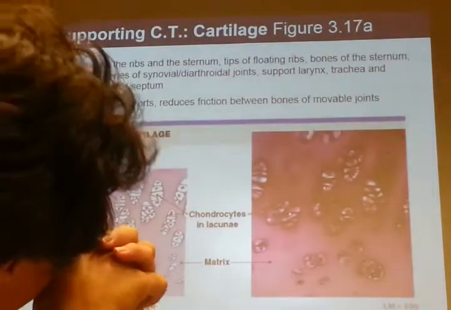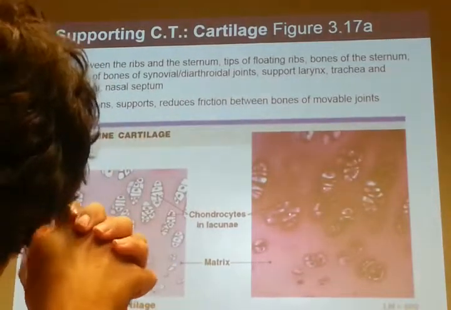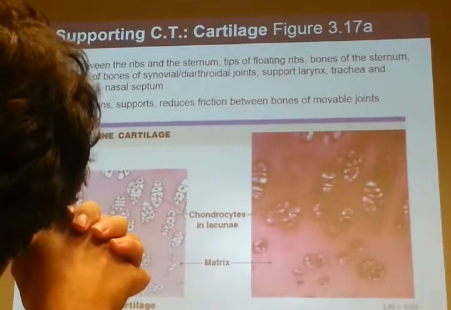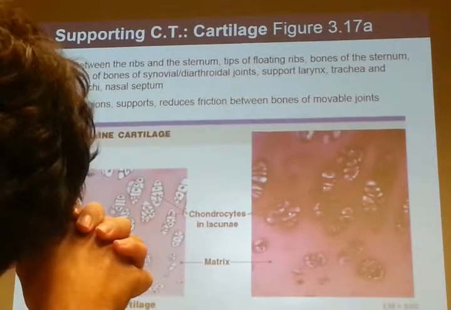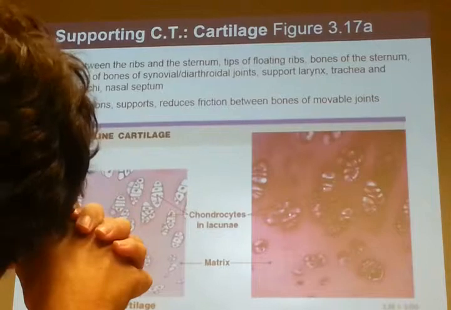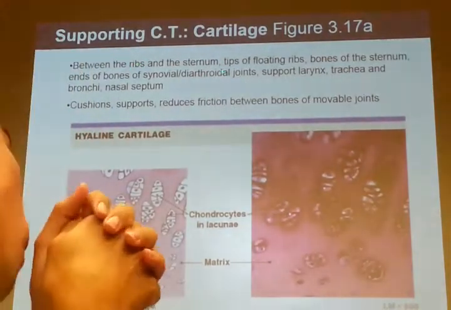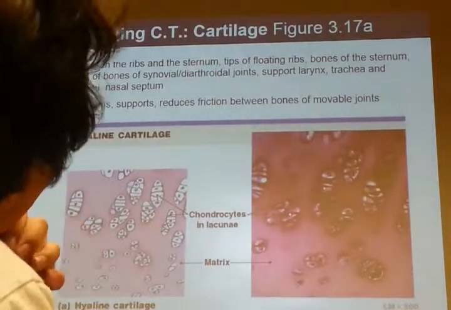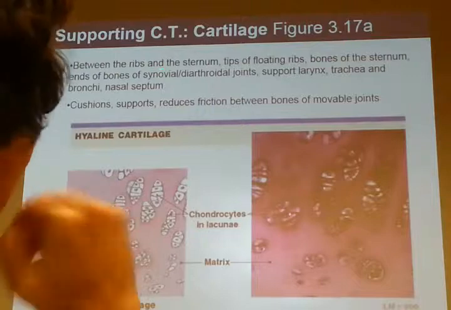All cartilage forms in a similar fashion. This is hyaline cartilage. You'll see that at the ends of your long bones, the end of your sternum, your ribs connecting to the sternum. So your xiphoid process before it ossifies is hyaline cartilage.